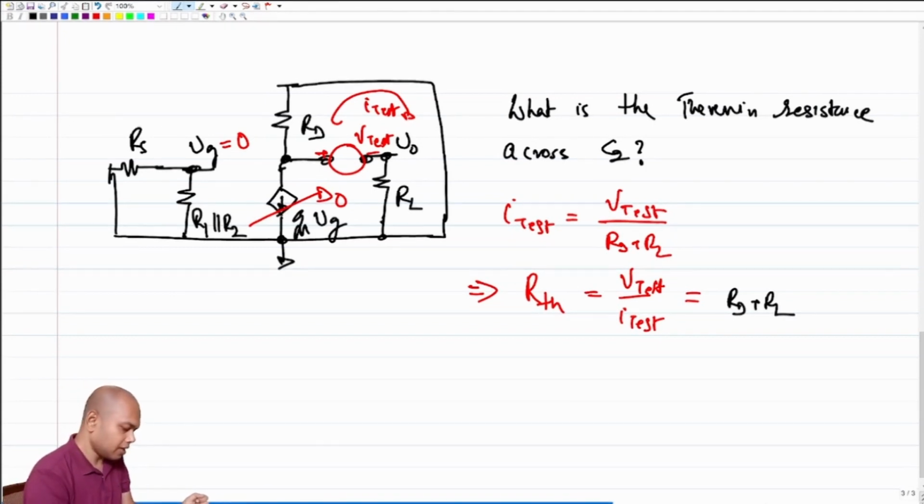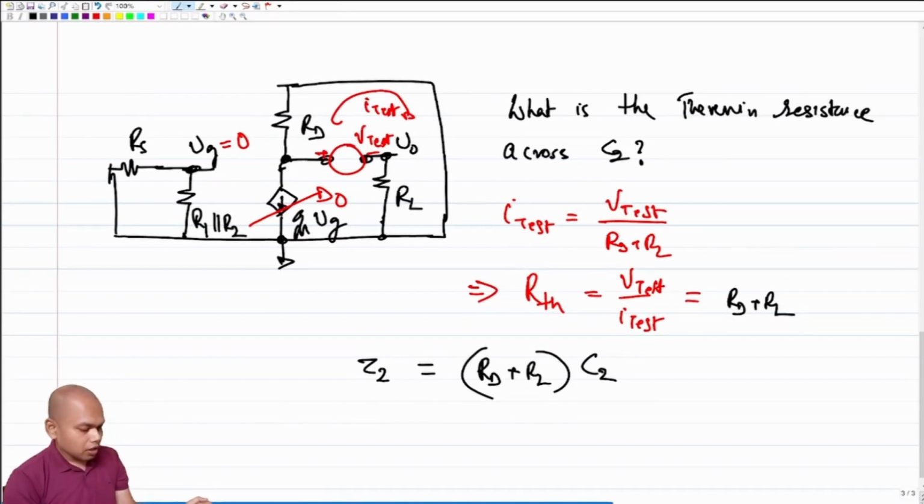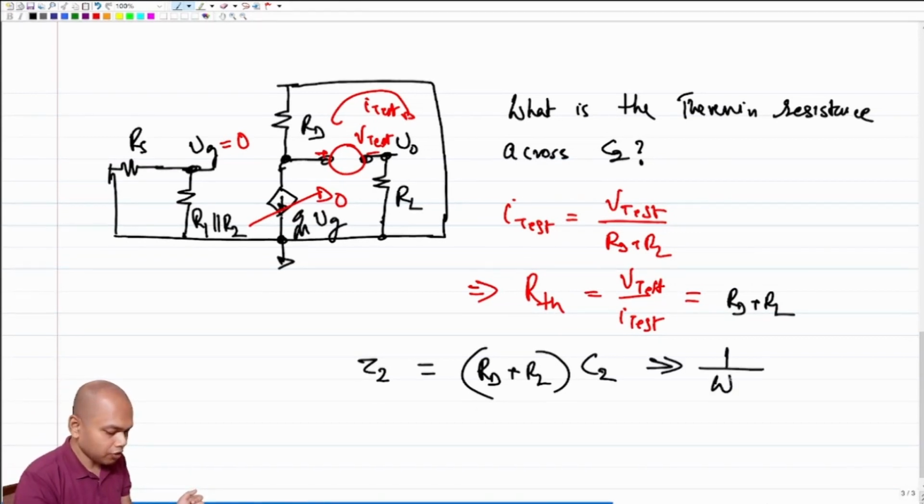Which essentially means that the time constant tau associated with C2, which is tau 2, let's say, is equal to (Rd plus RL) times C2, right? And if you want the capacitor to act as a short circuit, which means you want the capacitor to be large enough, what is the constraint? The constraint is the time constant has to be much greater than 1 over the frequency of interest, right?